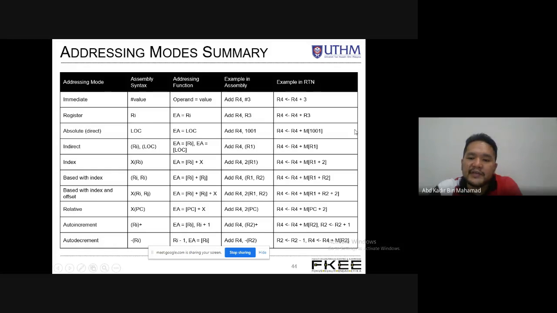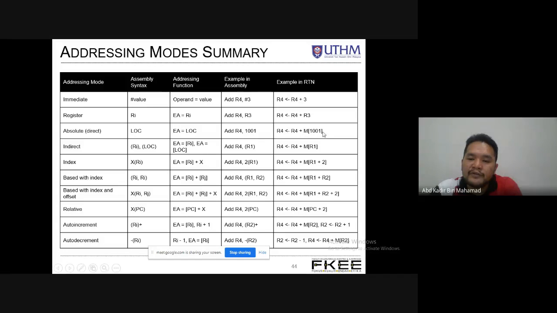Okay, for register, I have to check register number 3 and 4. Do the operation on both, later on you store at R4. Absolute direct, so this is a memory address. That means this one is address 1001 plus the value.